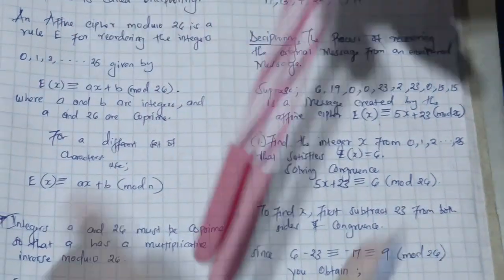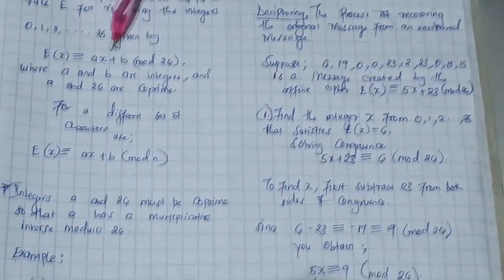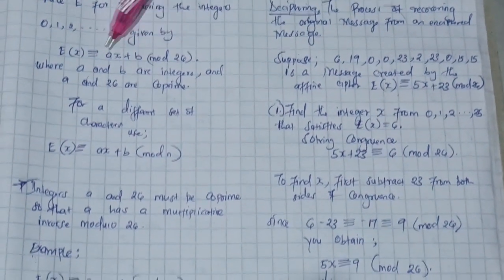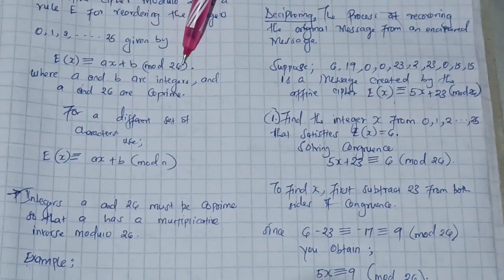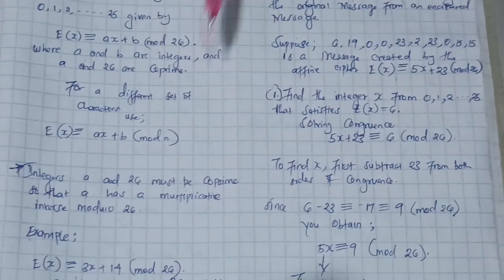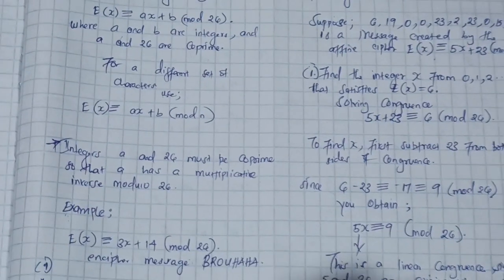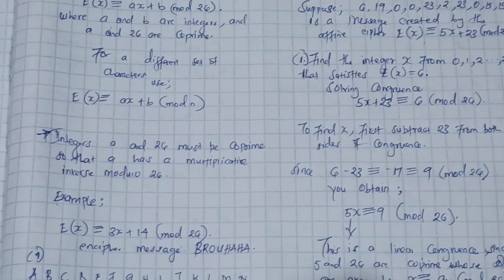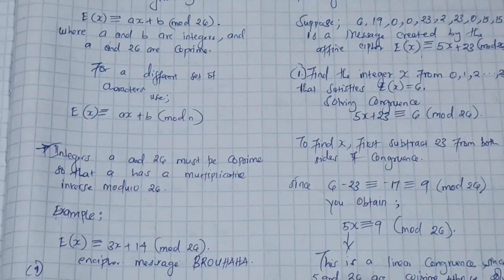Here, a and b are integers, and a and 26 are coprime. You have encountered this coprime in the multiplicative inverse.